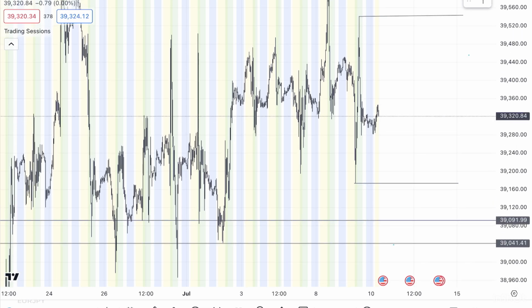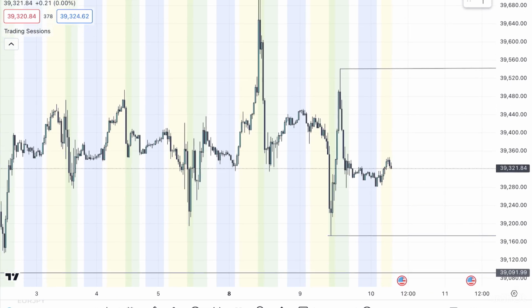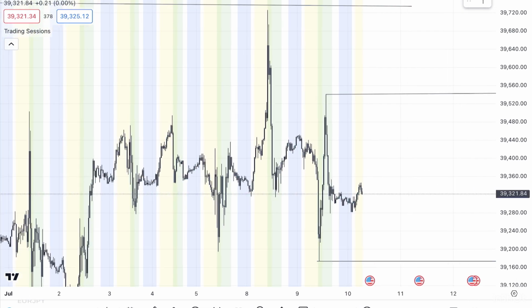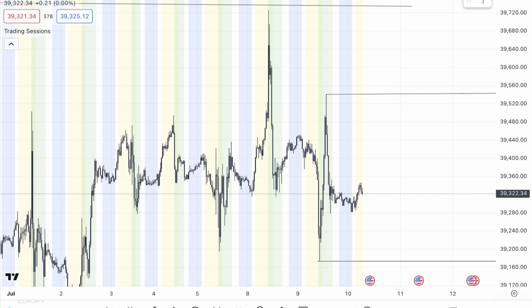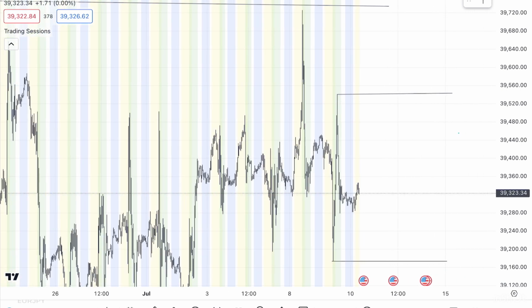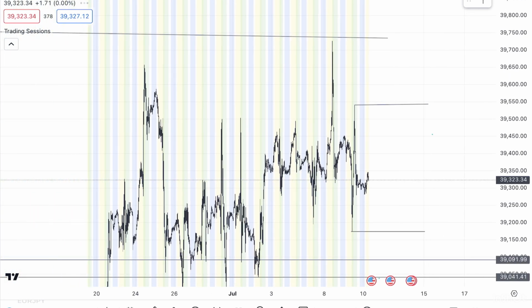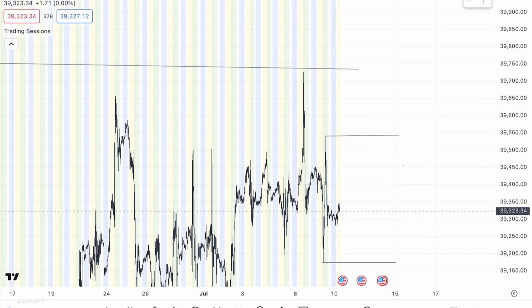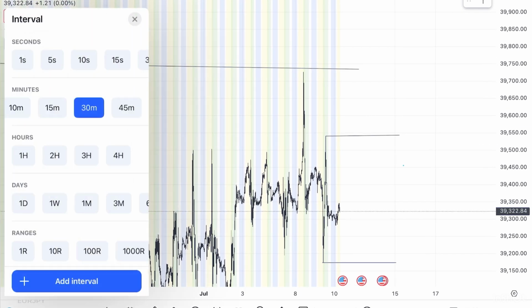In the 30 minutes chart, we can see that this market is still within the range. We don't know whether it is headed upward or downward. We will still have to wait and see. I'll make a video when the right time comes, or when it makes a significant move.